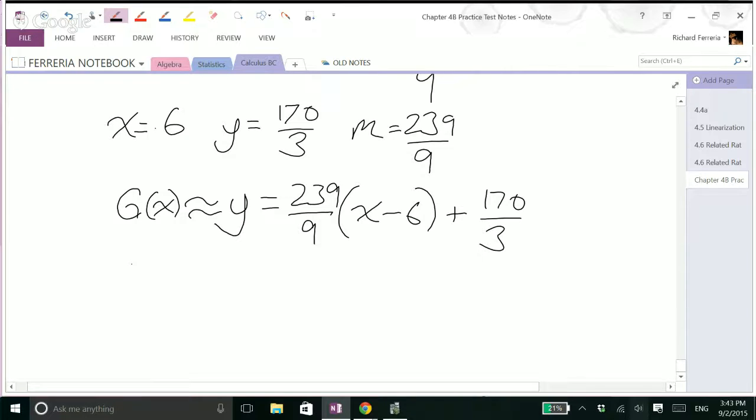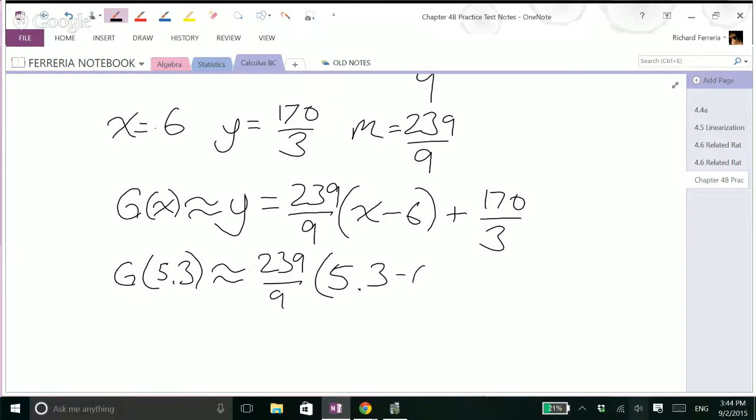Therefore, g of 5.3 is approximately equal to 239 over 9, times 5.3 minus 6, plus 170 over 3.